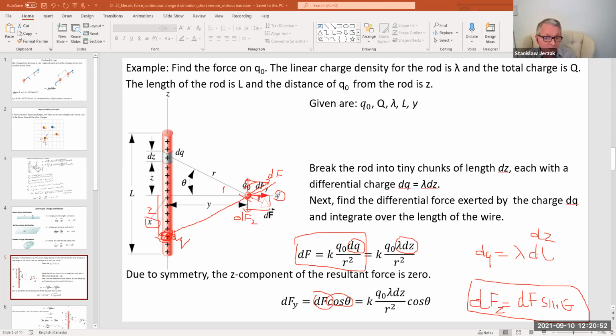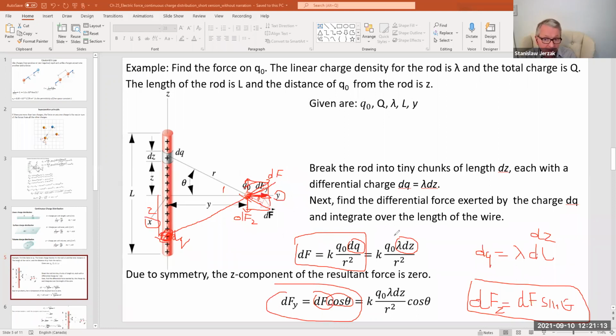But you see, the y component due to this chunk in this direction, and the y component due to this chunk, which is in this direction, will add, because they are in the same y direction. So I will be calculating only the y component, df cosine theta.